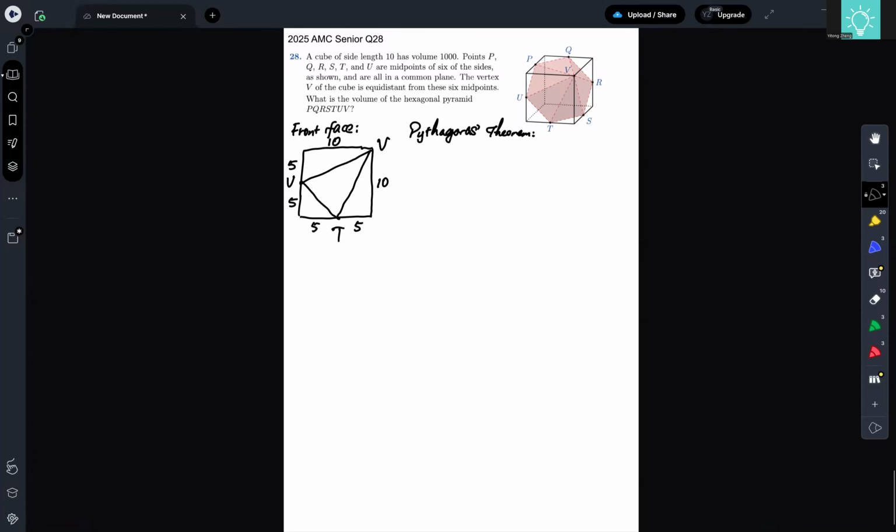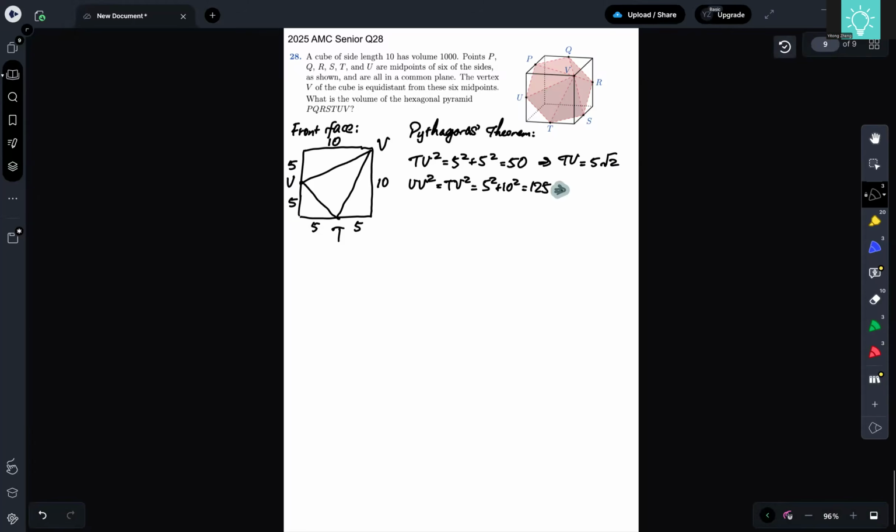So we have TU squared is 5 squared plus 5 squared, which is 50. So TU is the square root of 50, which is the square root of 25 times the square root of 2. Square root of 25 is 5. And then UV squared and TV squared should be the same thing. They're equal to 5 squared plus 10 squared, which is 125.